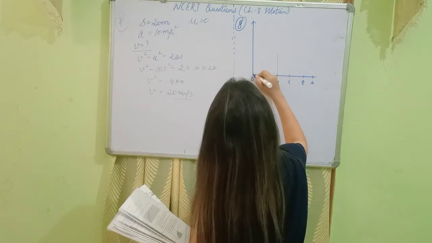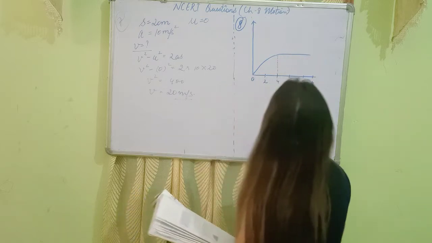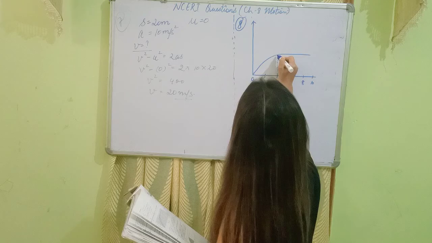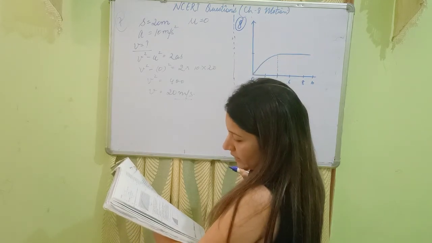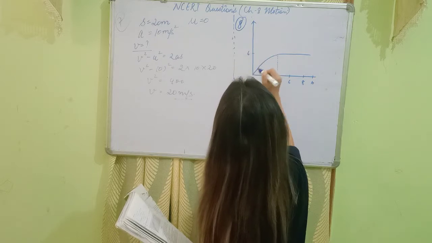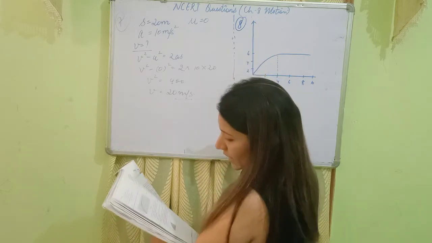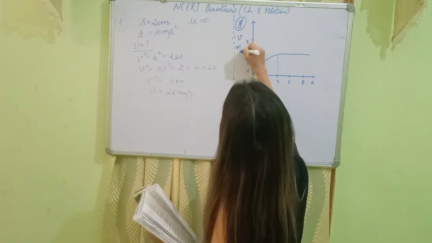The speed increases till 4 seconds, and then it becomes a uniform motion after 4 seconds. And the speed here is given as 6. This is 6. This is 2. This is 4, and so on. Speed in meters per second is given to you.